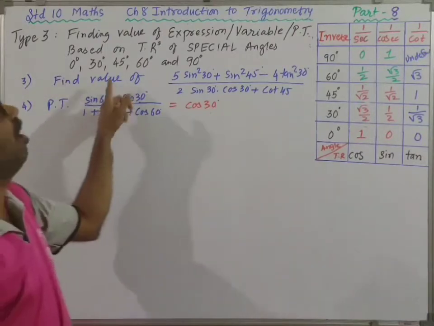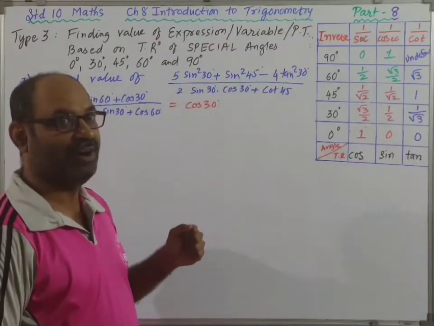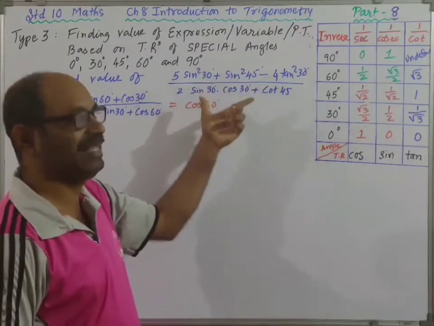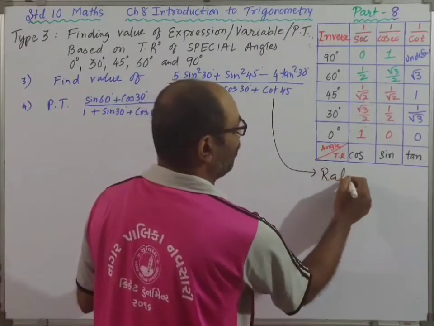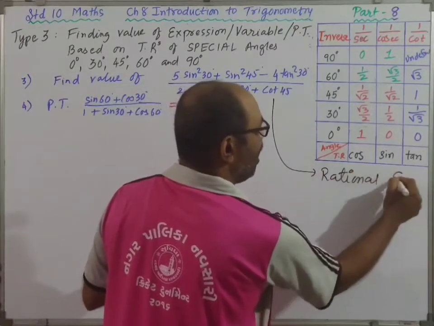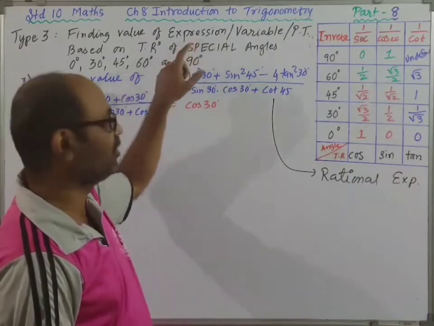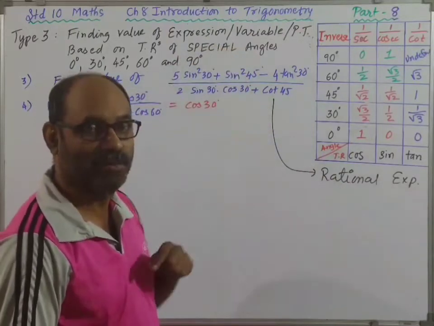Third one, find the value of. Yes, now the expression has become tougher. You had expressions in the form of two terms. This is numerator upon denominator, which is called a rational expression. So here you have to find the value of an expression which is not simple. It is a rational expression having a numerator part and a denominator part.